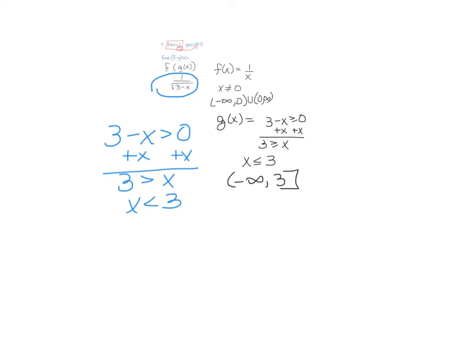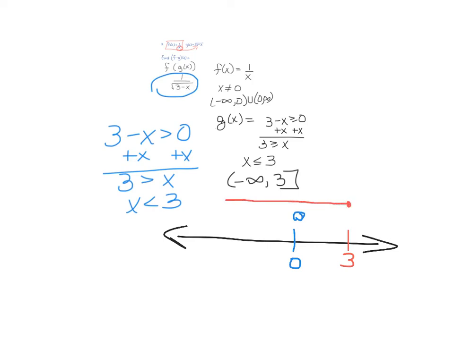So for here, if I go ahead and test this out, the f of x is just a hole on 0. And then the g of x, this had a bracket on 3, or a closed circle.